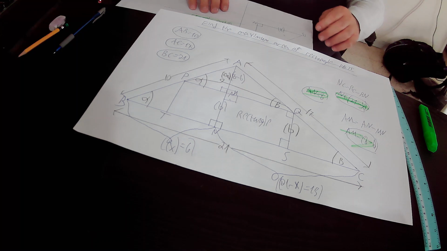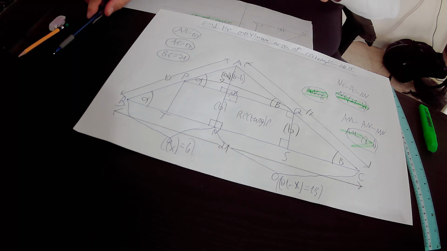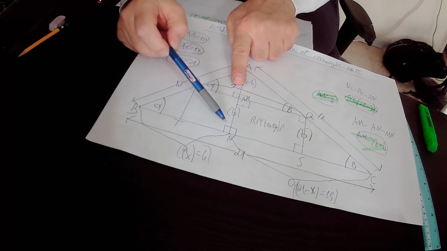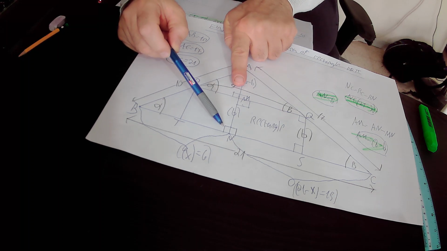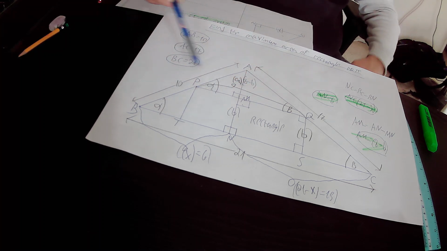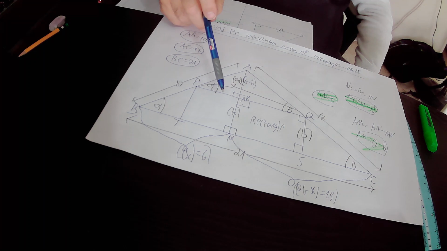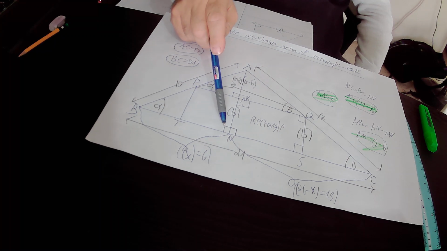By doing this construction, we created those two angles, and those two angles are corresponding angles located between the parallel lines PQ and BC, and therefore they are equal to each other. But this angle equals 90 degrees according to our construction, therefore this angle must also equal 90 degrees.